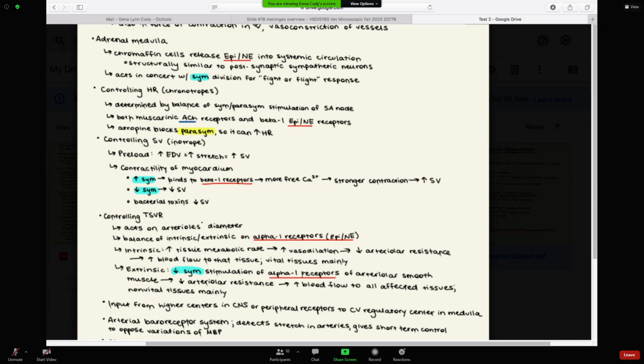My alpha-1 receptors on my bladder per se, like I'm not worried about peeing right now, or my uterus, like I'm not worried about making a baby right now, I'm trying to get away from a bear. It's going to vasoconstrict, or did I write that right?